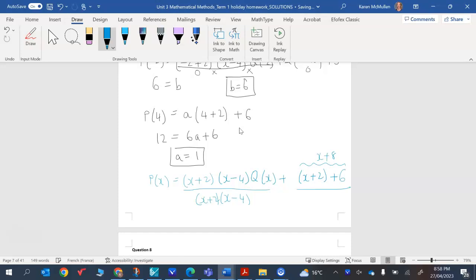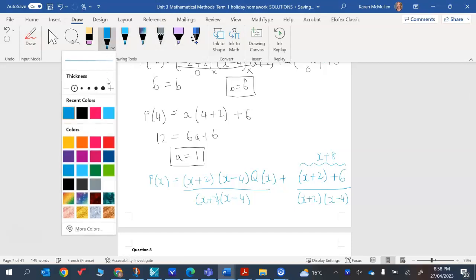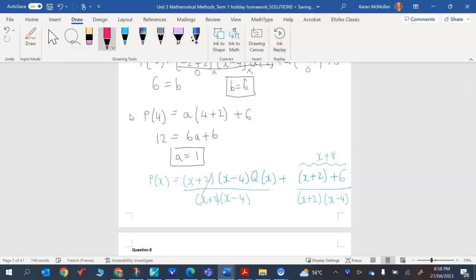If I got rid of those brackets, it would be X plus 8 over X plus 2, X minus 4. Now, the reason why I can separate them into two separate fractions is because I've got a plus sign here. And that's going to help me, because that's going to cancel out with that, and that's going to cancel out with that. So then I'm just left with Q of X.